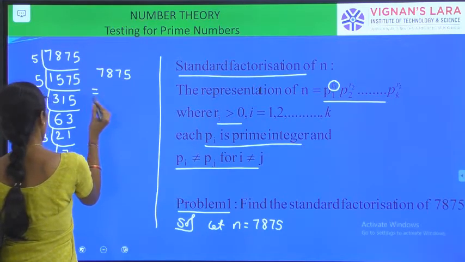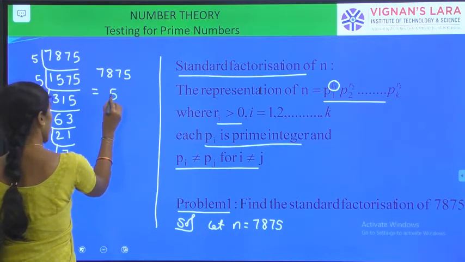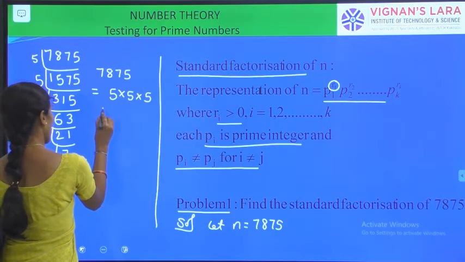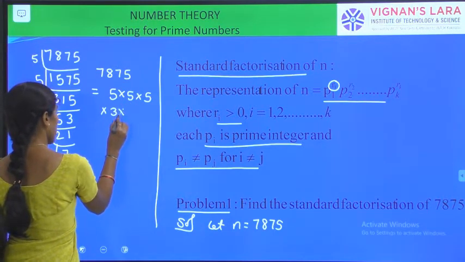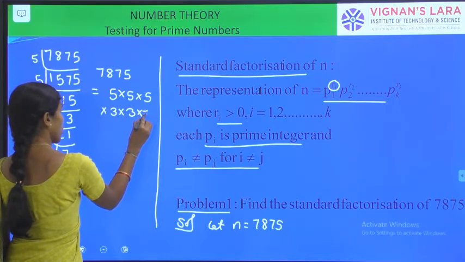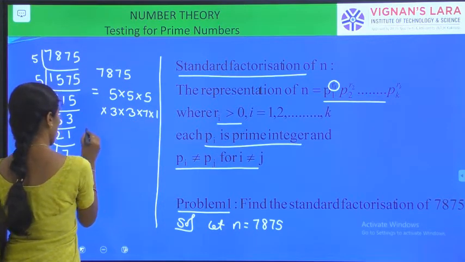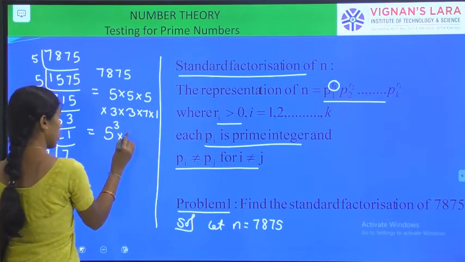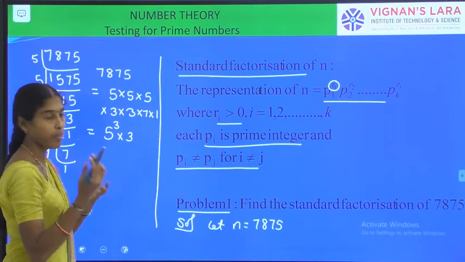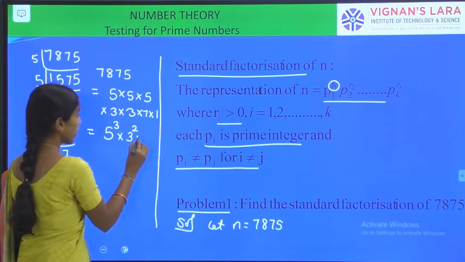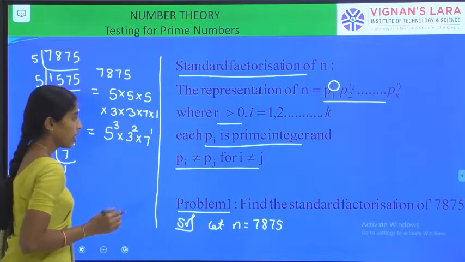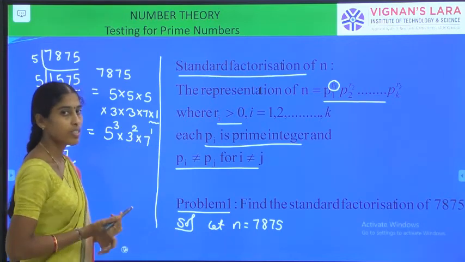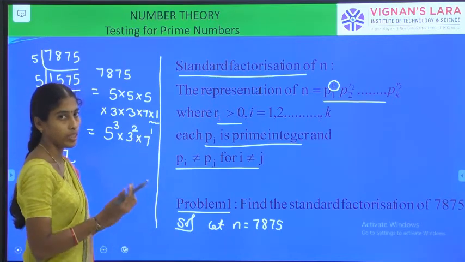So this number 7875 can be written as how many times? 5, 3 times, into 3, 2 times, into 7 into 1. So 5, 3 times can be written as 5 cube. Repeated numbers we write in power form: 3 square into 7 power 1. Here we are not writing the into 1 because there is no significance for product with 1.